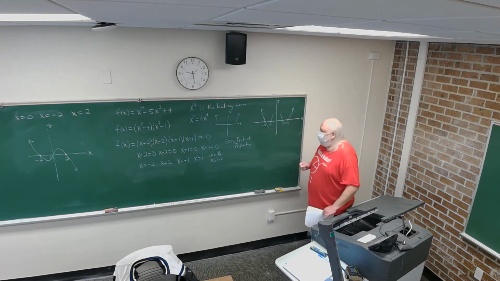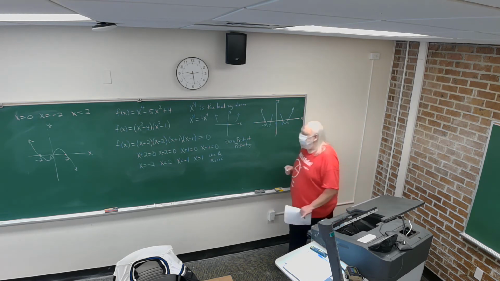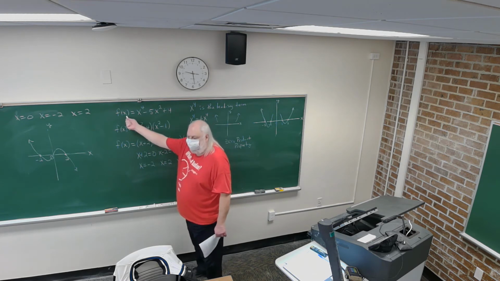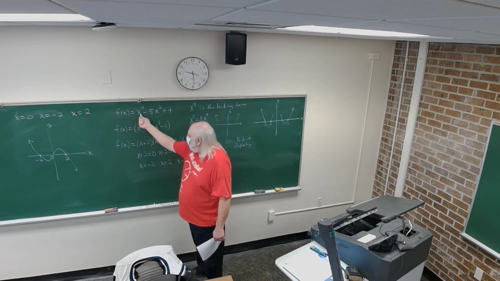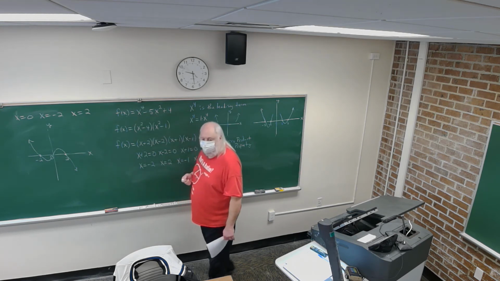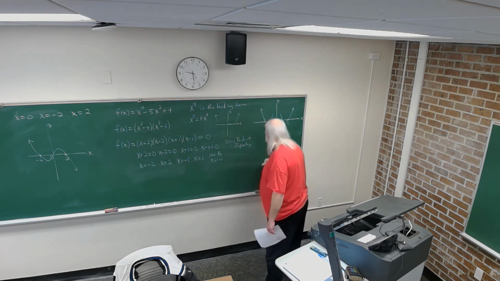Now the graph is going to cross the y-axis somewhere. We can actually calculate the y-intercept. Replace f of x with y, put 0 in for x, and you get y is equal to 4 is the y-intercept.